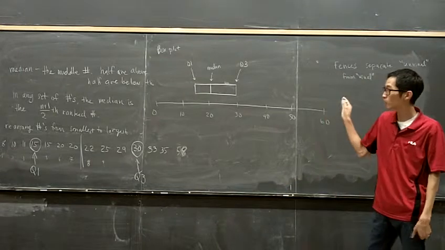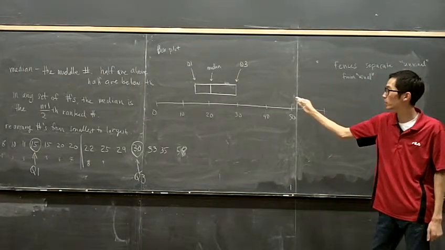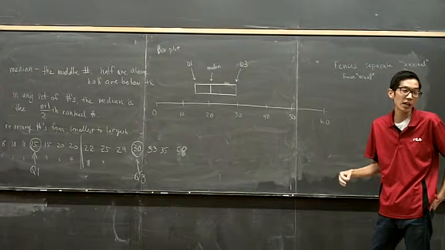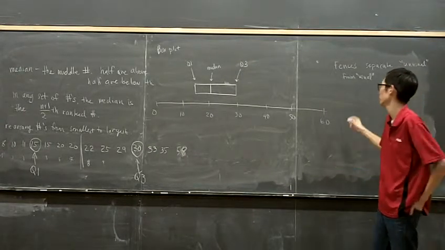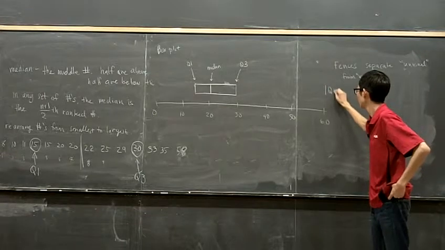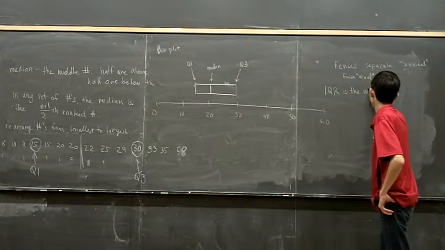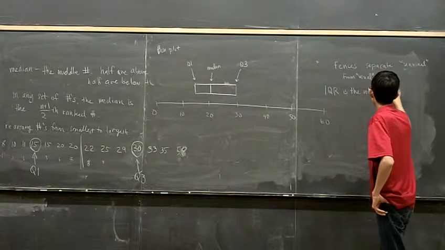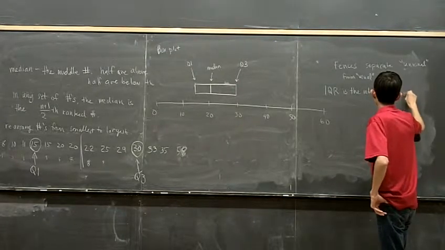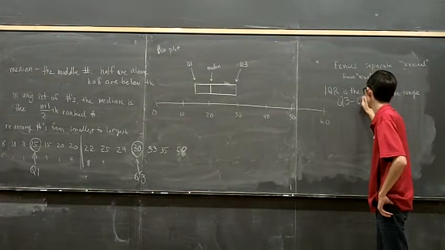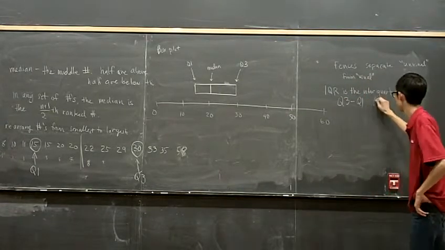The width of the box, which is Q3 minus Q1, is called the IQR, the interquartile range.